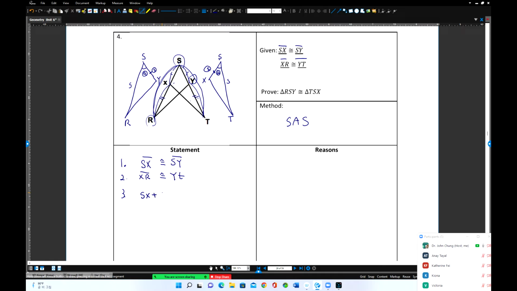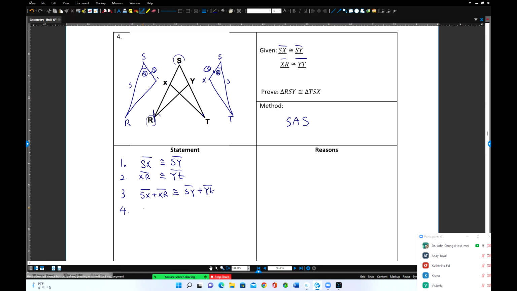SX plus XR. This one plus this one equals what? SY plus YT, right? You need the second one. SY plus YT. The sum of this one must be equal, right? So you can add this one. This is the partition postulate again, alright? Partition postulate.